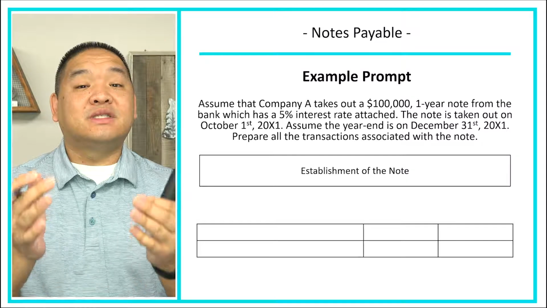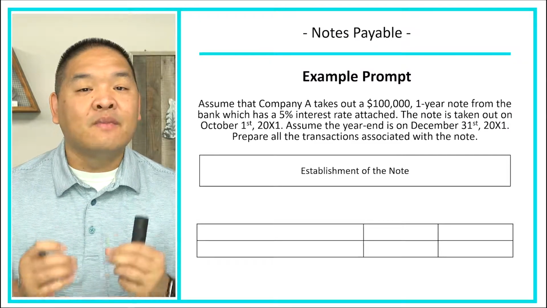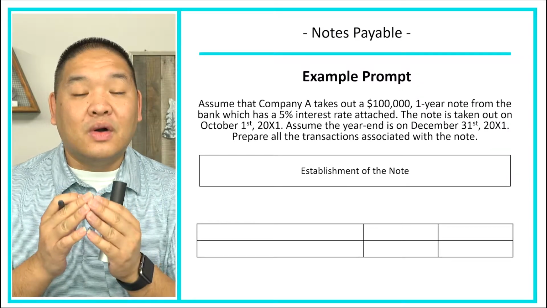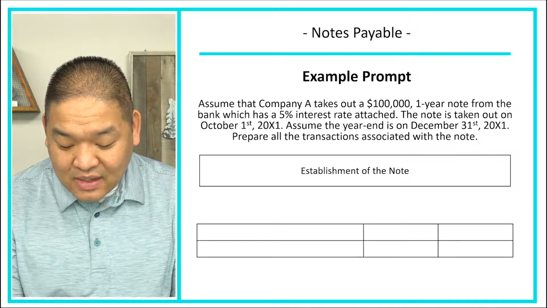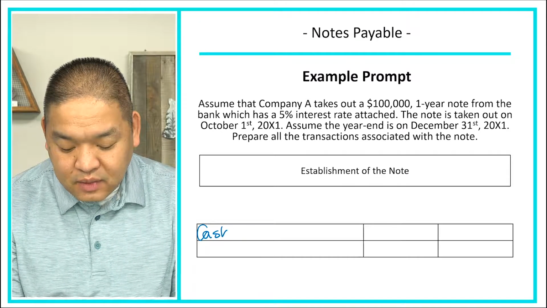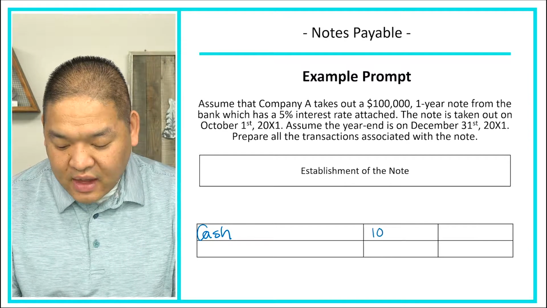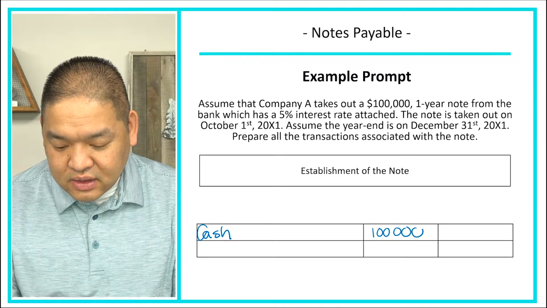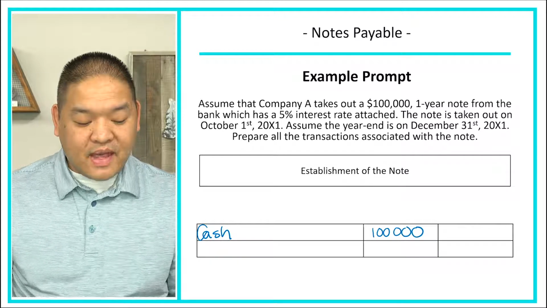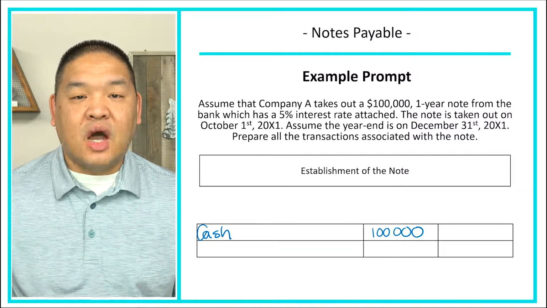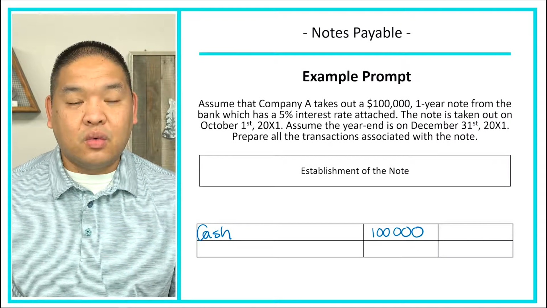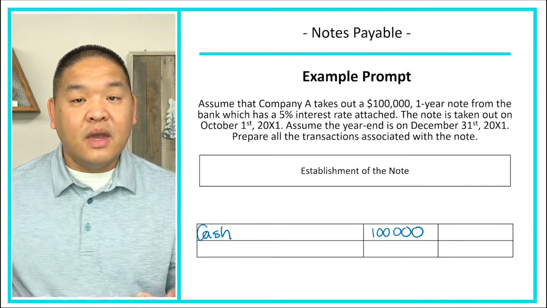So since we received $100,000 in cash, and cash is an asset, we will increase the cash account by debiting cash in the amount of $100,000. Okay? So debit cash for $100,000. Now, what do we credit? We credit a liability because we owe.